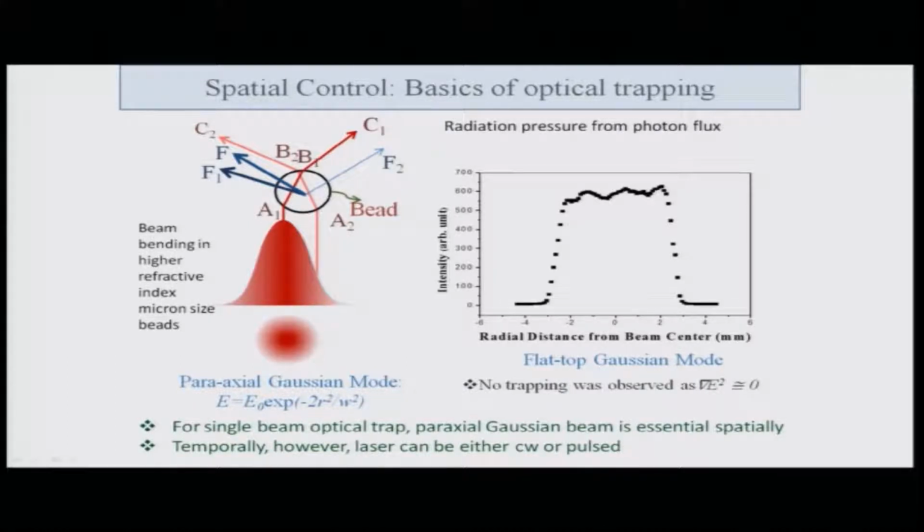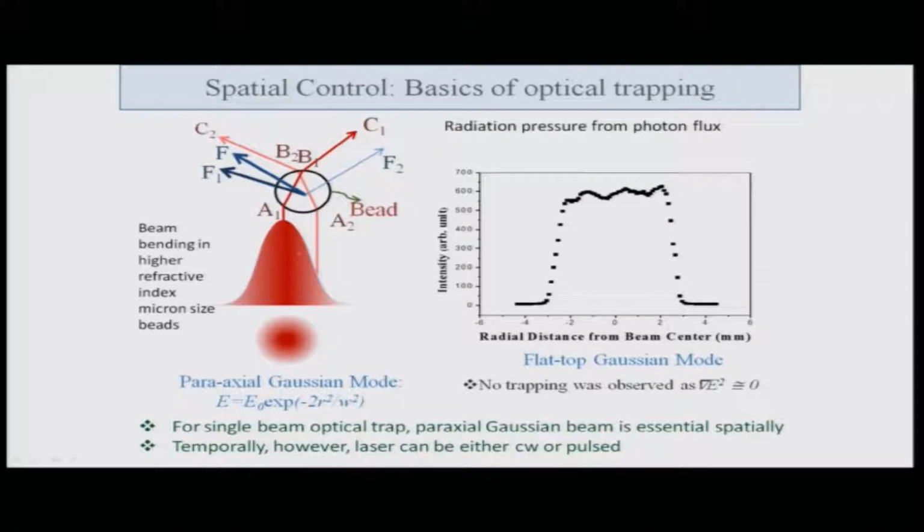The trap essentially is of a particle which happens because the laser beam passing through the particle undergoes bending due to the higher refractive index of the particles in comparison to the environment it is kept in.